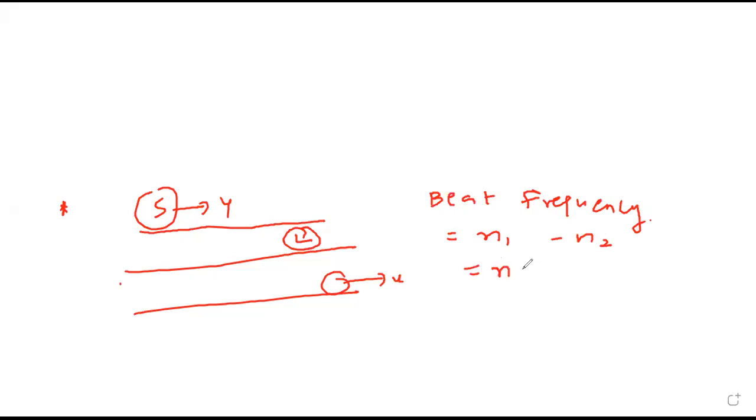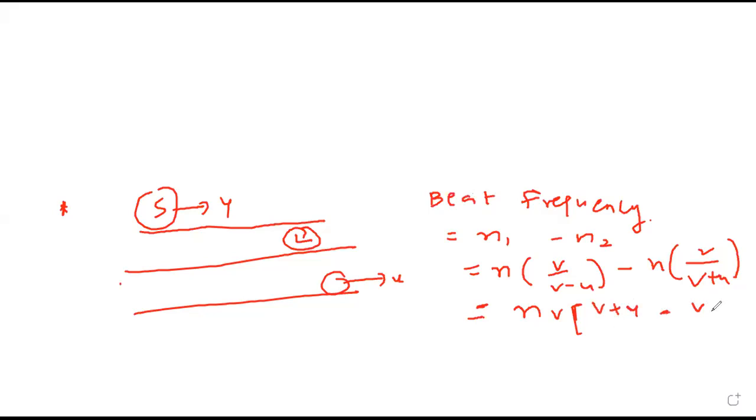That means, with N the original frequency, N into V upon V minus U minus N into V upon V plus U. So it will be N, V common, V plus U minus of V minus U, over V square minus U square.